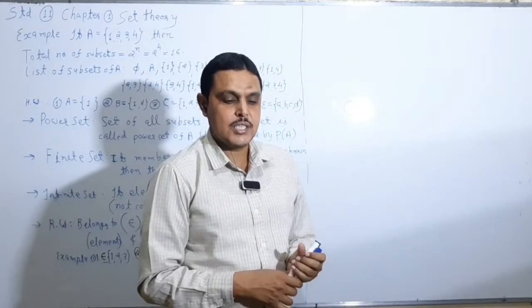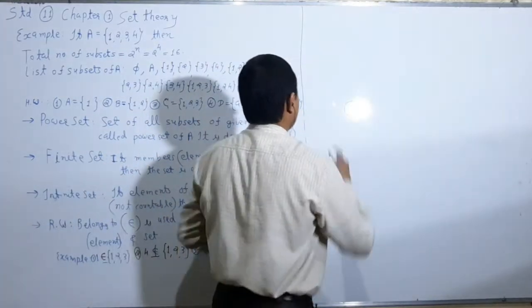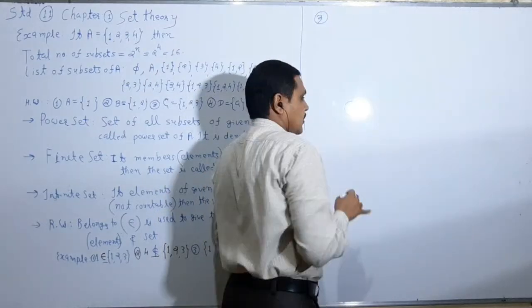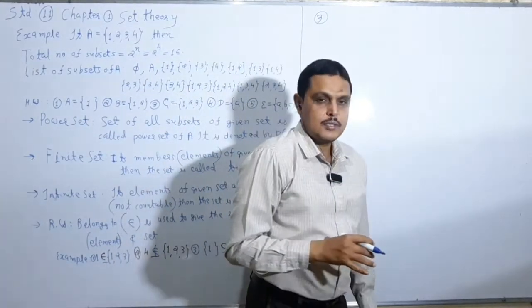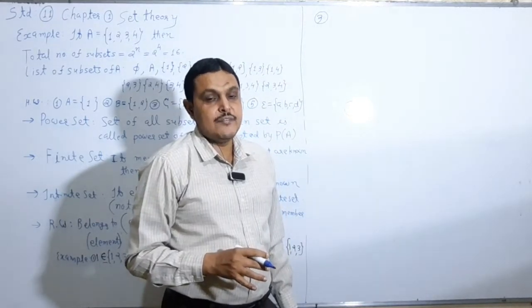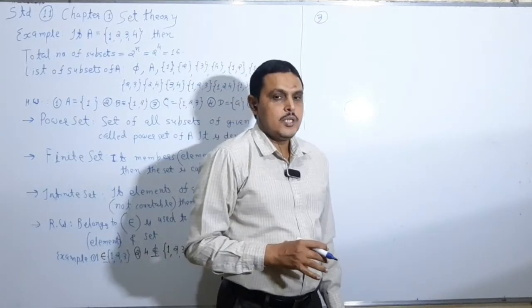In the third question, we have to convert the sets given in property form into listing form.